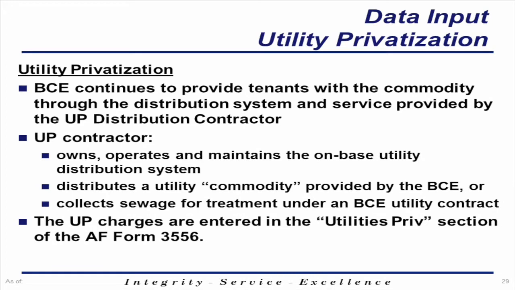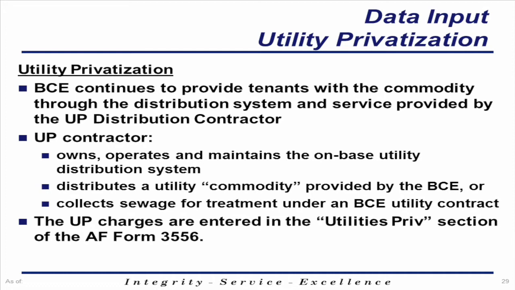Under utility privatization, where the utility system has been sold, the BCE buys kilowatt hours in this electricity example. He buys kilowatt hours at the main substation from the local utility. Those kilowatt hours are delivered to on-base customers on behalf of the BCE by the utility privatization contractor.